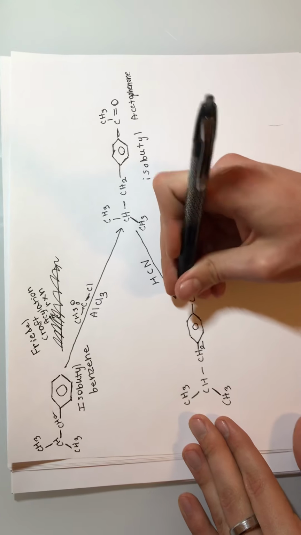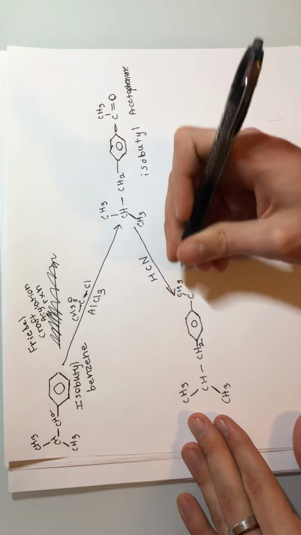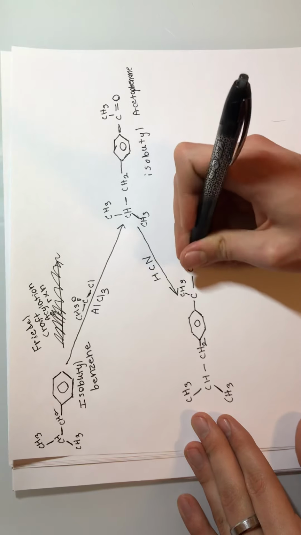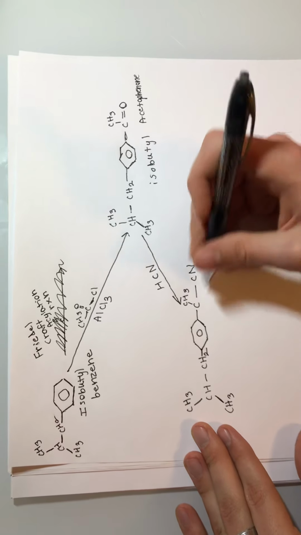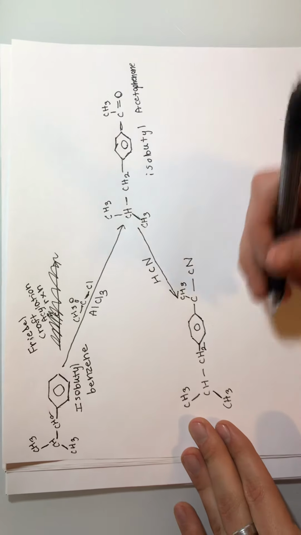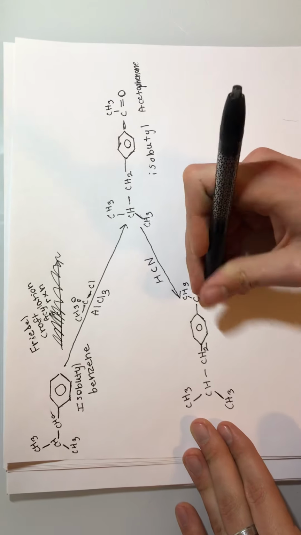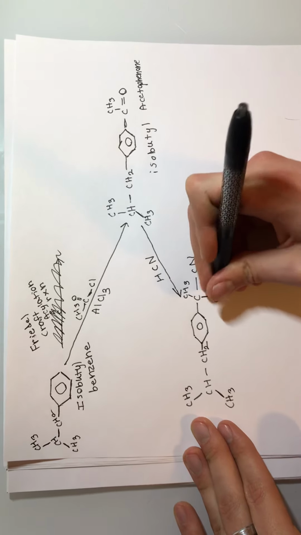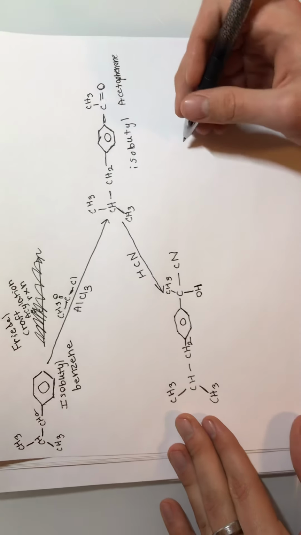All right. So what's going to happen here is you're going to have, obviously, the CN attached where the O once was, but the O actually becomes the OH that's down here. All right.